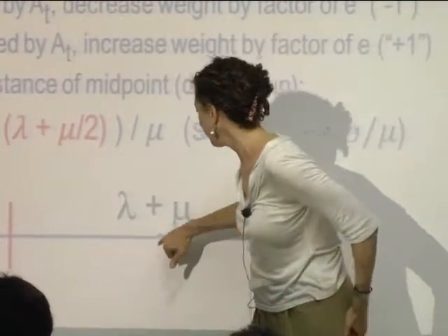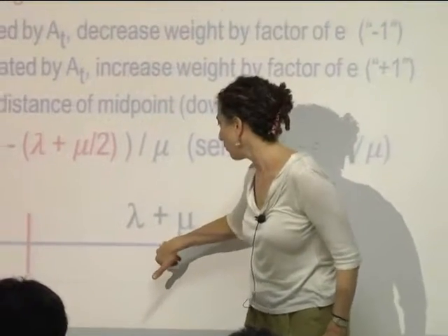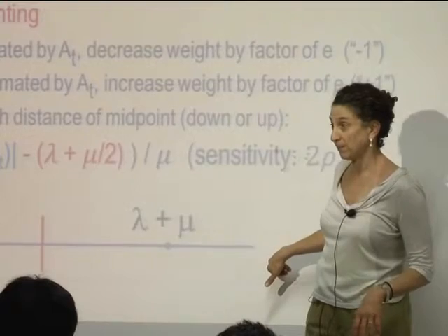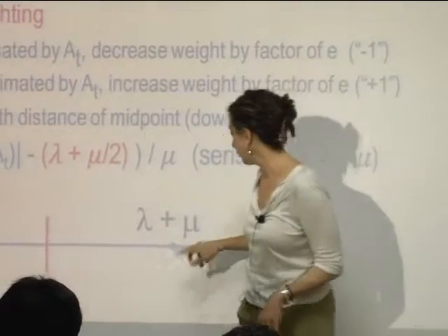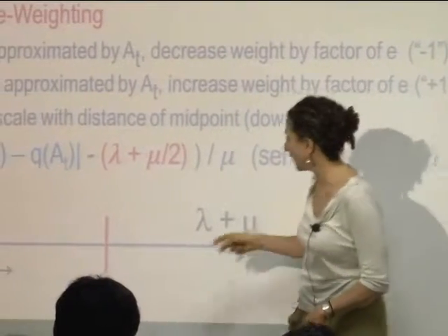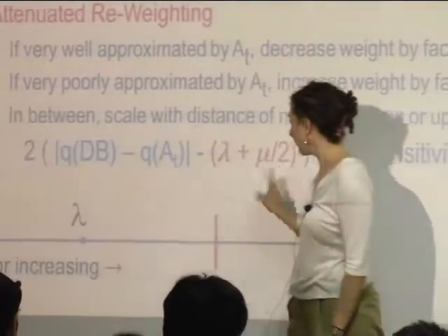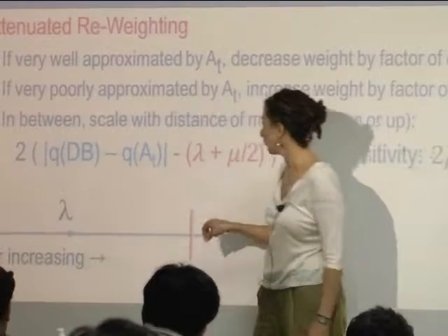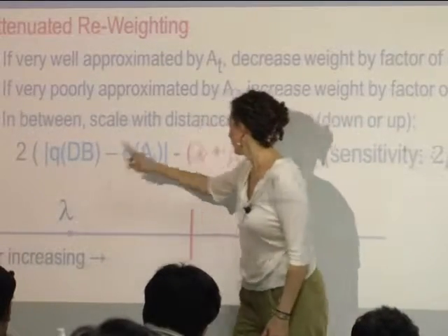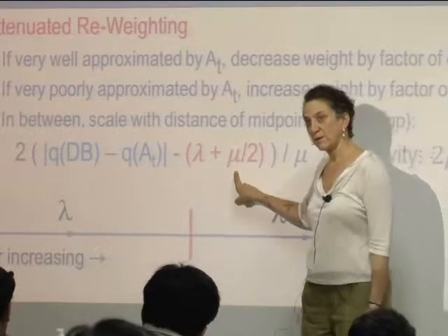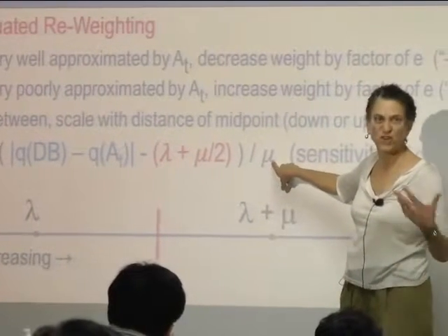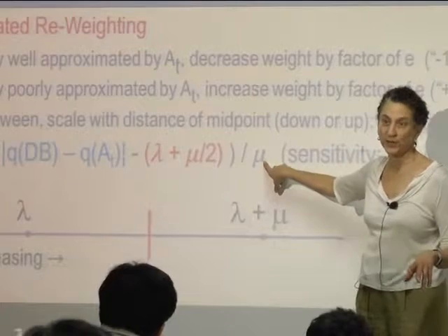Things where the error is more than lambda plus mu, that's going to be bad. These are going to be the plus 1 guys, these are going to be the minus 1s, and for everybody else, we're going to scale with the distance to the midpoint of this interval, divided by this chunky factor, which I haven't told you yet, called mu.